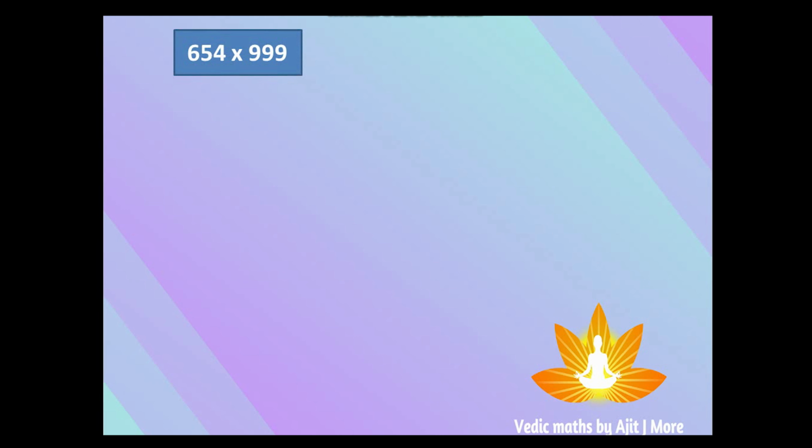Let's take one example, multiplying 654 into 999. Does it fit in case 1? Yes, the number of digits are the same. Now we have to find the answer. I said the answer is made up of two parts. The first part is 1 less than 654. What is 1 less than 654? It is 653.